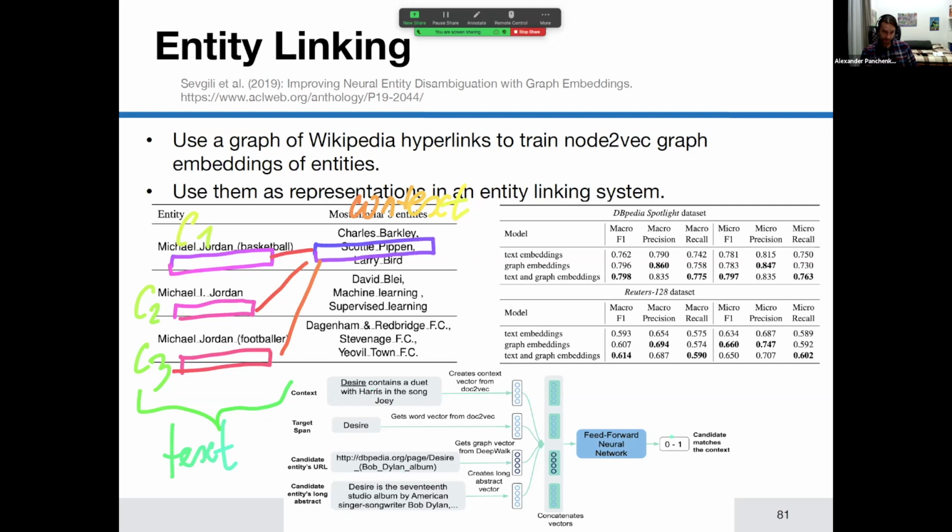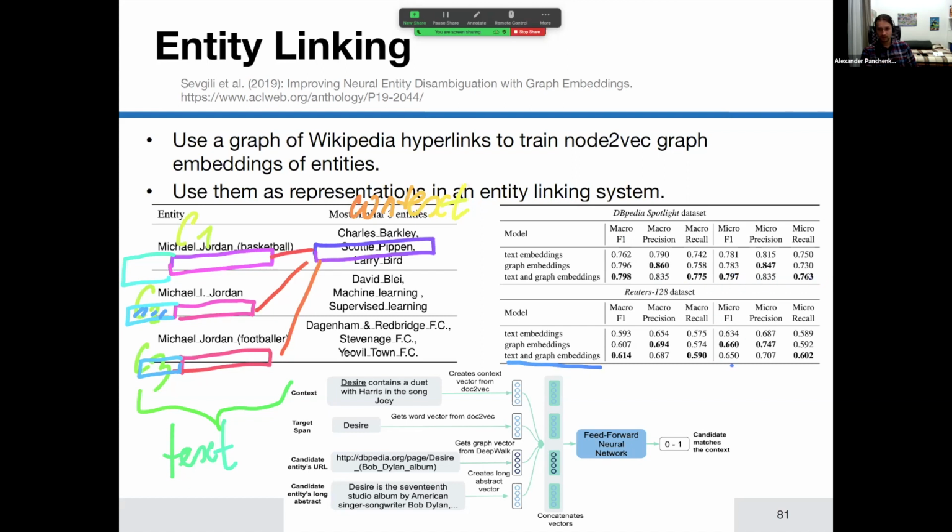And what this paper shows is that it's possible to concatenate entity embedding representations which were obtained by running node2vec on a graph. Then you're going to have better results if you combine these representations in some of the cases.